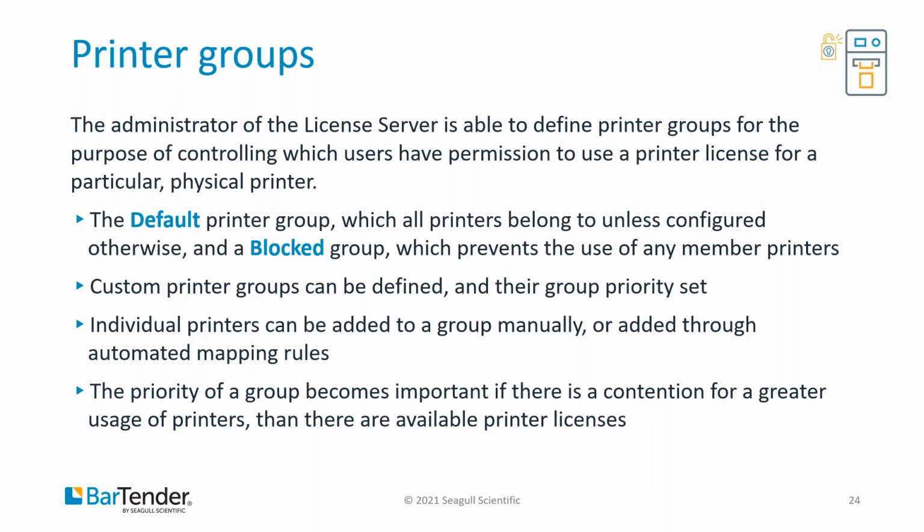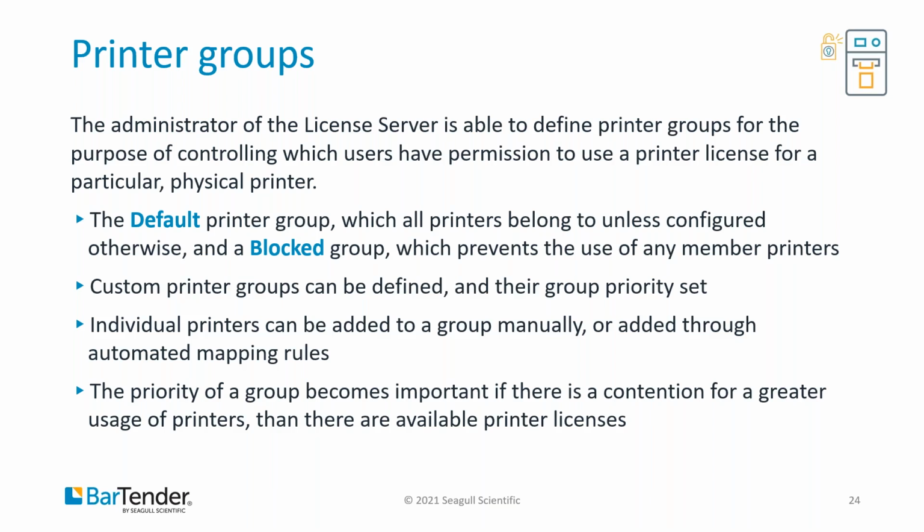By default, there is a default printer group which all printers belong to unless configured otherwise. And there's also a blocked group. So if you wish to block a particular printer from getting a printer license, that can also be defined. So members of the blocked group can never be used as part of a BarTender print job.